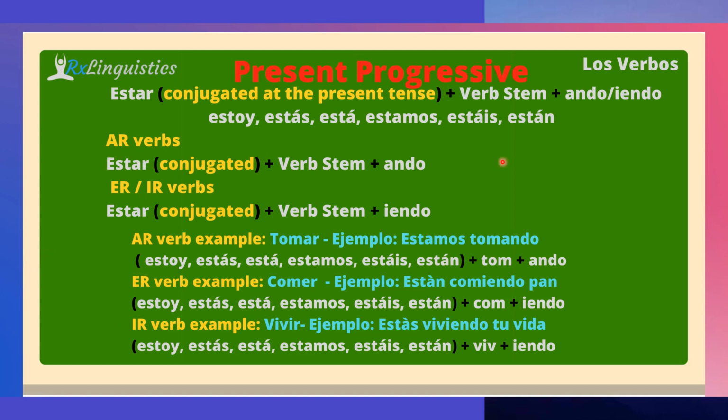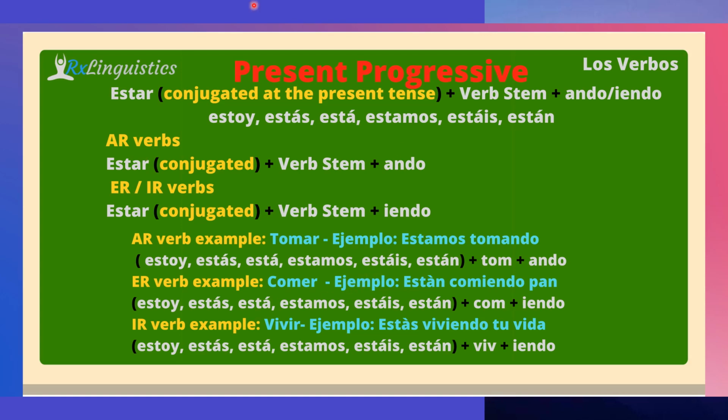Then you add the stem of the verb. After the stem, you add ando, which is A-N-D-O, or in Spanish, A-N-A-D-O. You add that to the stem, and then you have your conjugated form of estar, and the verb in two items separate, because the estar has to be separate from the verb and the ending of the verb. That will make it your present progressive.